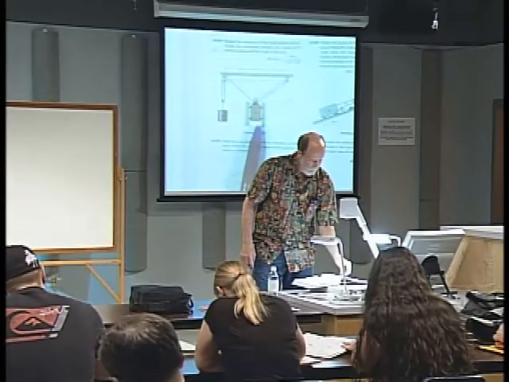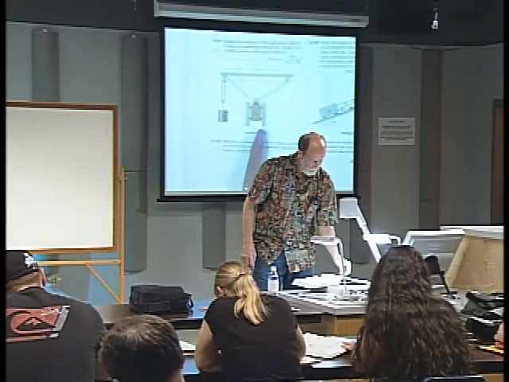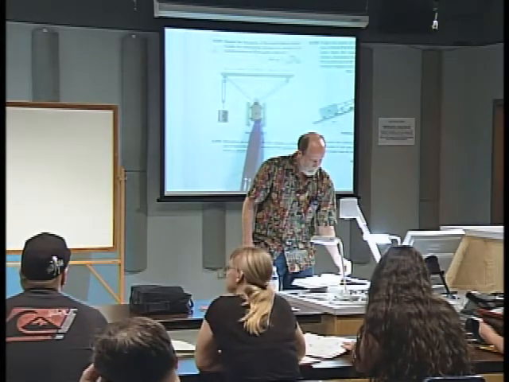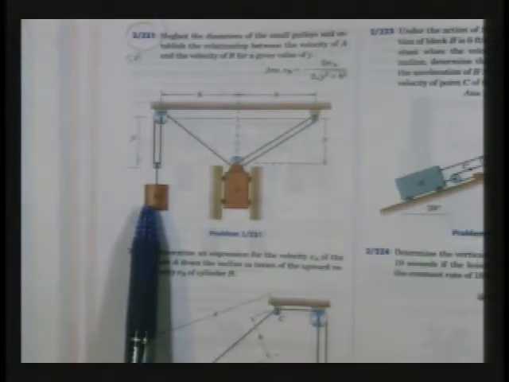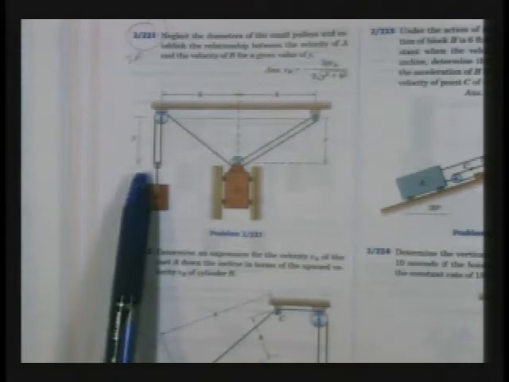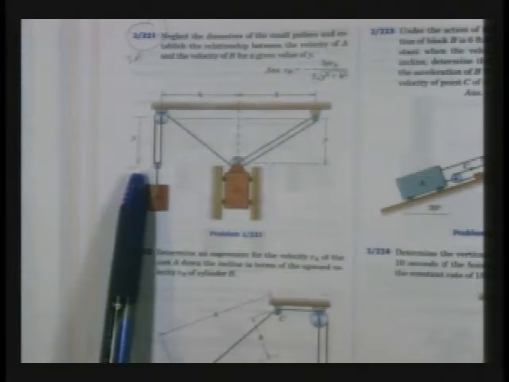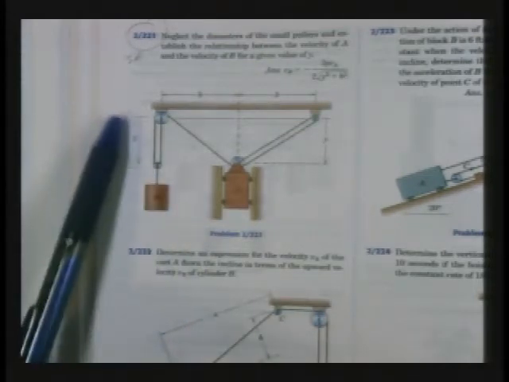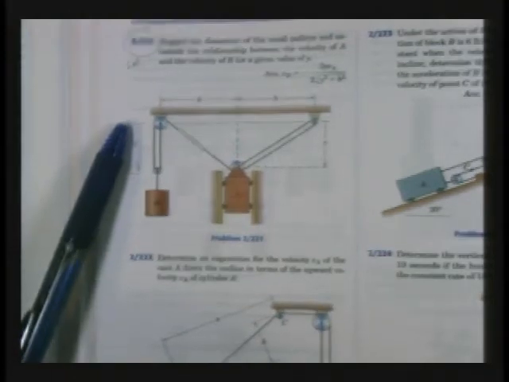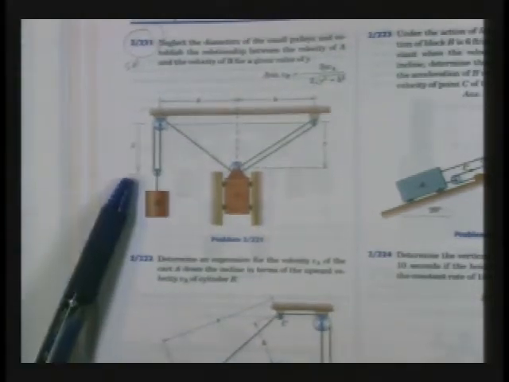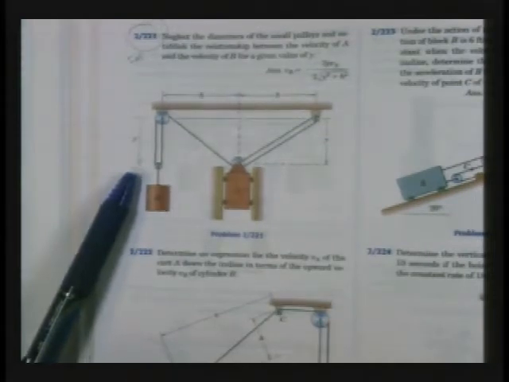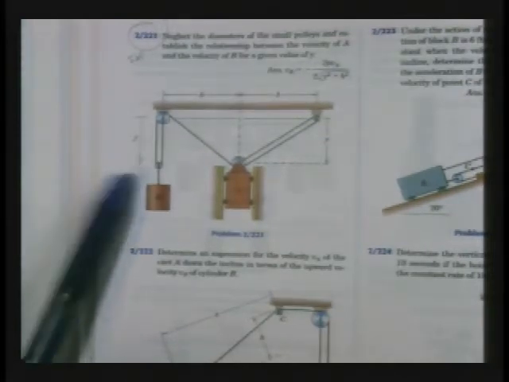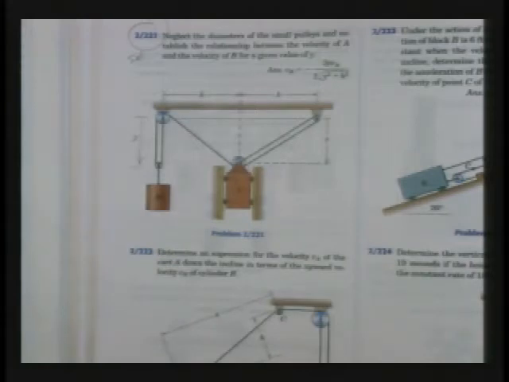What we want to do is determine the relationship between the velocity of A and the velocity of B. You can see I've already written on here distance x for body B, defined from the center of this pulley above down to that lower pulley. Okay?